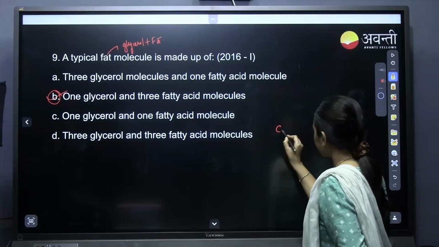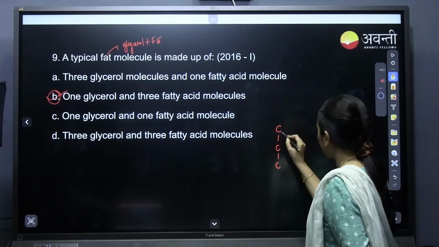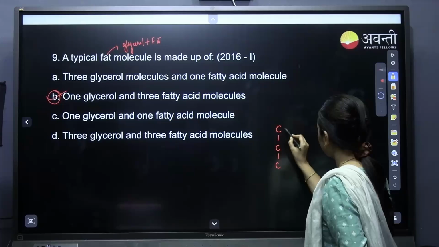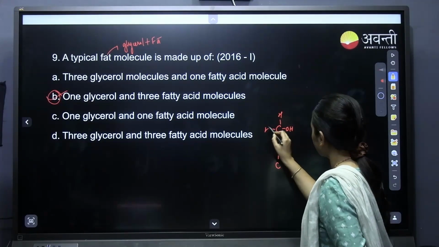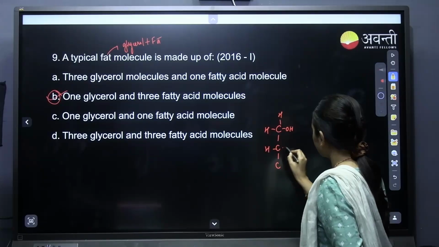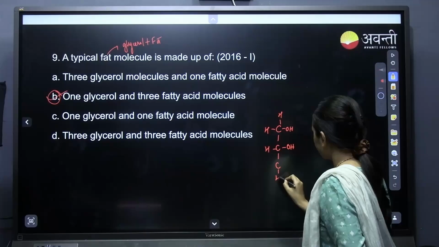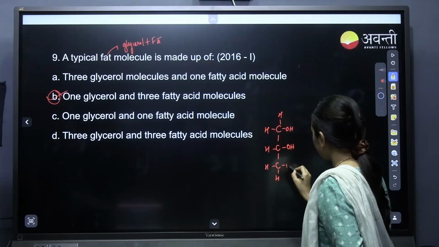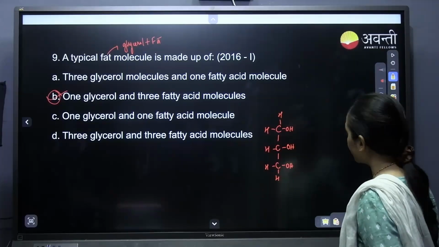Glycerol is this one. It's a propane with, if we see, this is the glycerol.